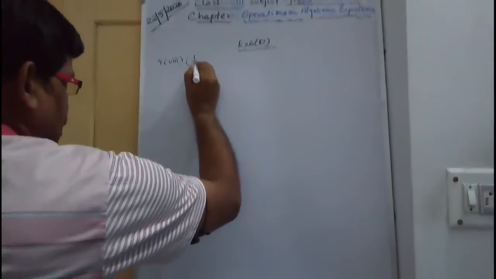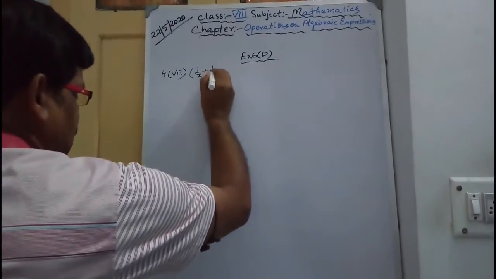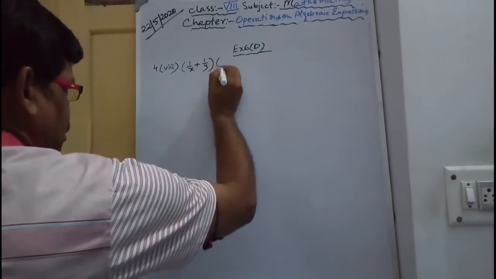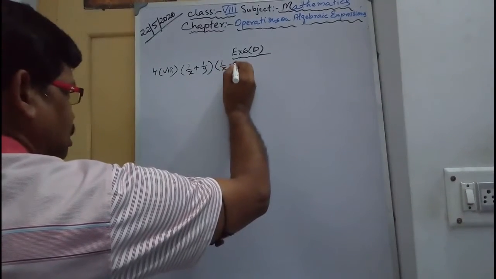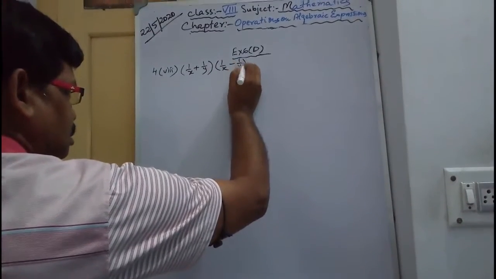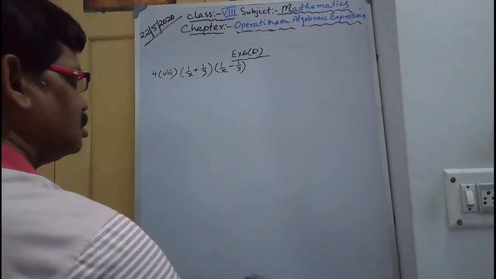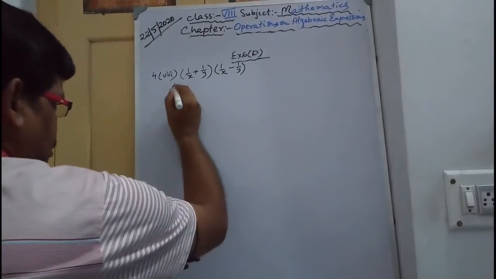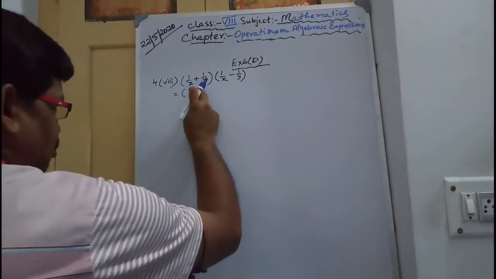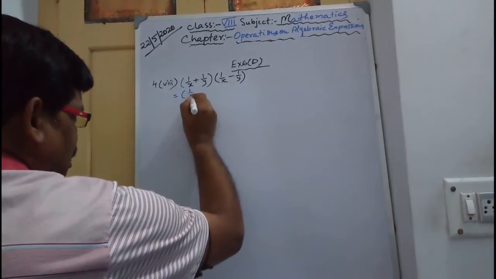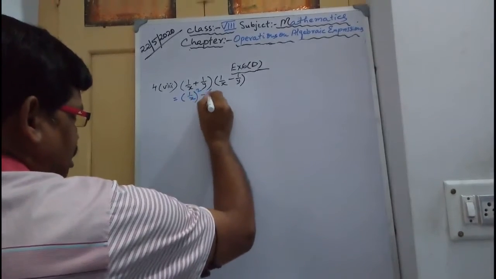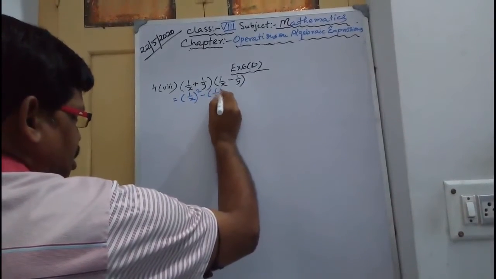(1/x + 1/y)(1/x − 1/y). So (a + b)(a − b) is a² − b².